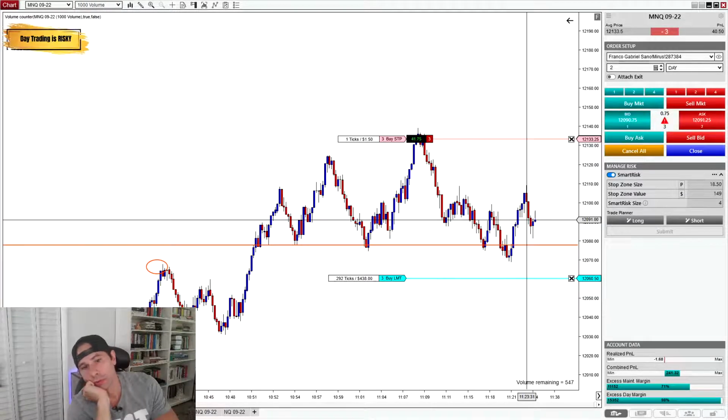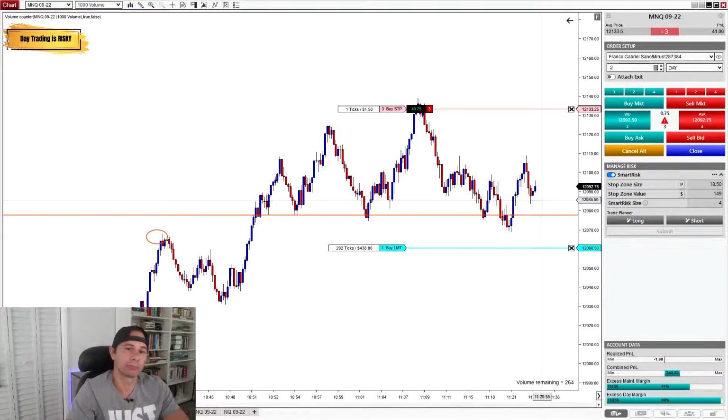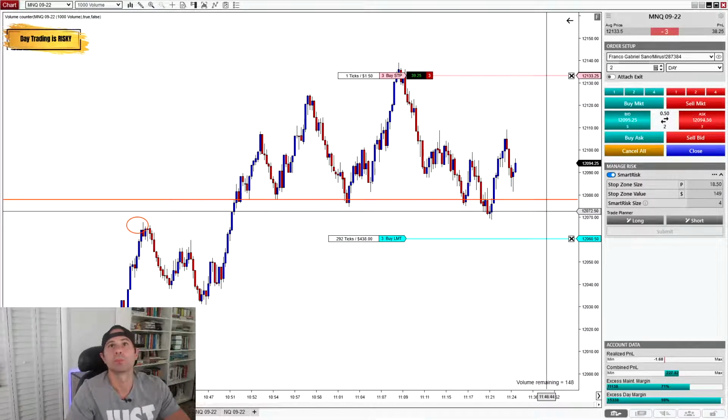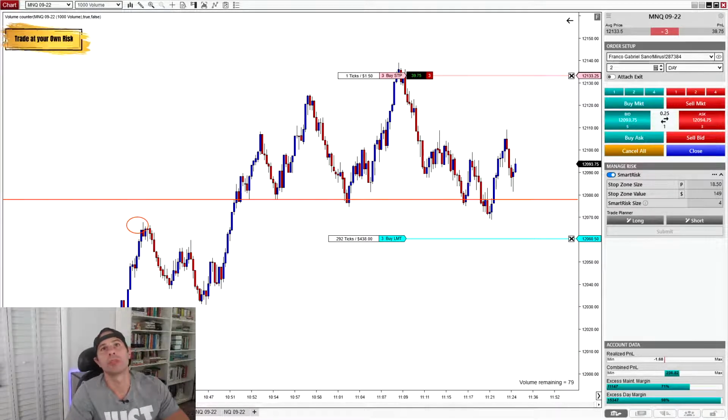All right, so the 3-minute is chopping around right there. I do think the 3-minute has more continuation to the upside, especially after this candle. The 7-minute certainly has.